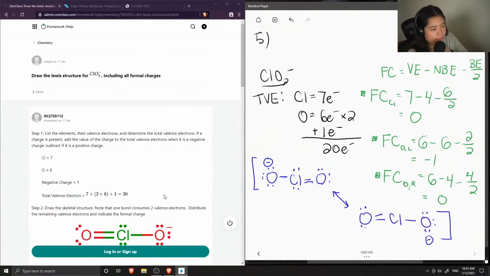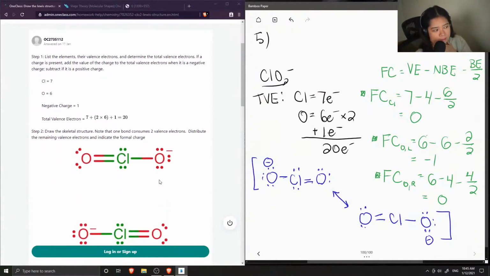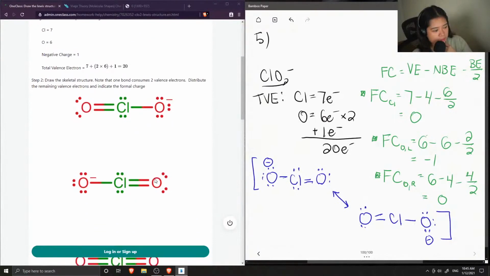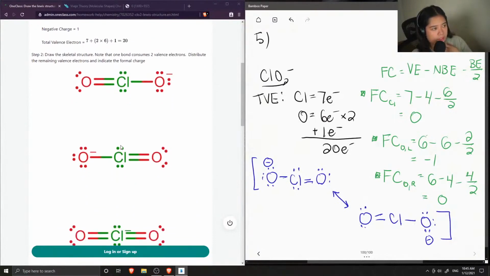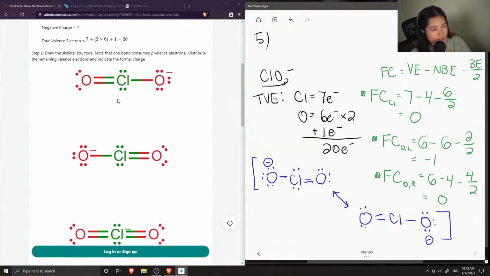Okay, so if we see what the junior tutor said, they calculated the same total valence electrons and drew out the skeletal structures and wrote out all the different Lewis structures that you could get.